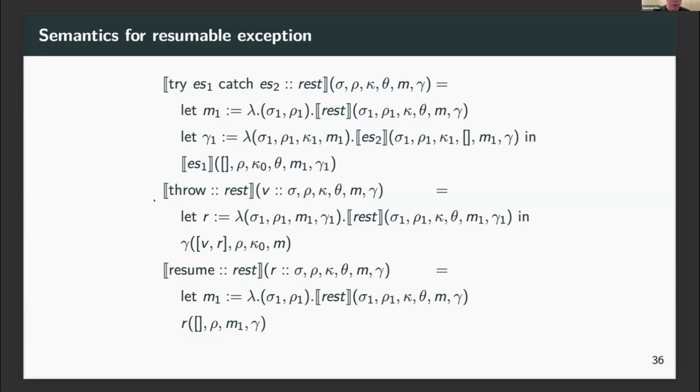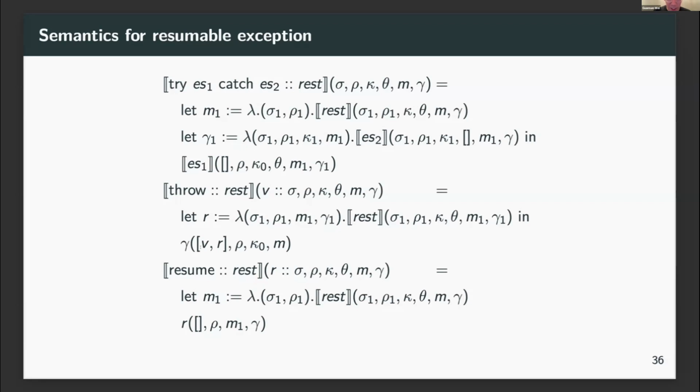When we perform the throw instruction, we prepare the resumption, which is this R value here, and the R value takes the semantics for the rest of the instructions. And we put the value R on top of the stack when invoking the handler gamma.